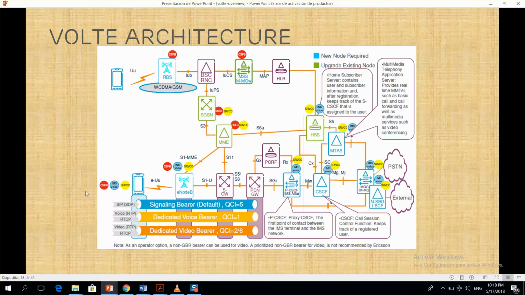All these form the complete architecture of VoLTE. We are going to discuss them one by one.